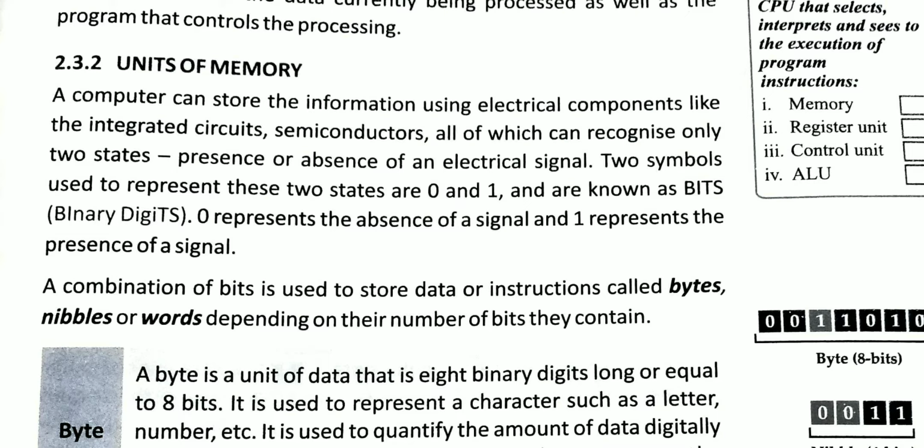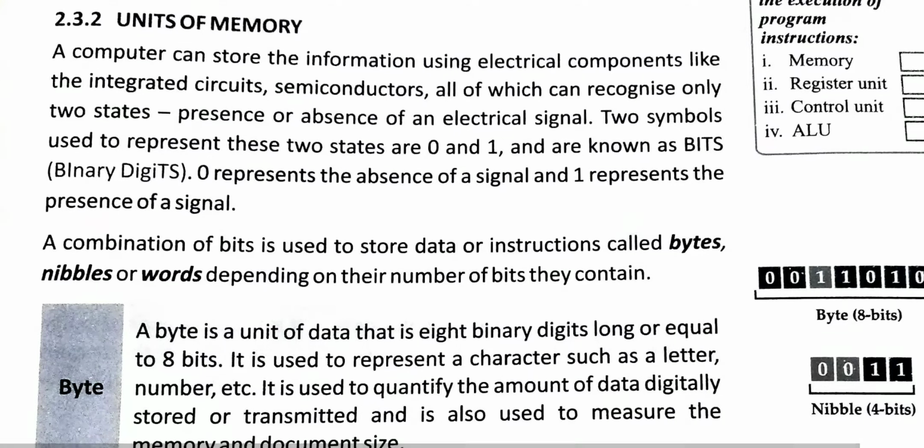In order to make the computer understand what memory is going to be stored, if the signal is absent, we see that as 0, and when it is present, that is 1.